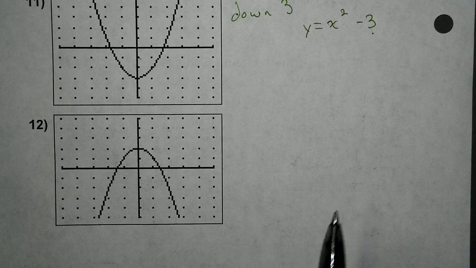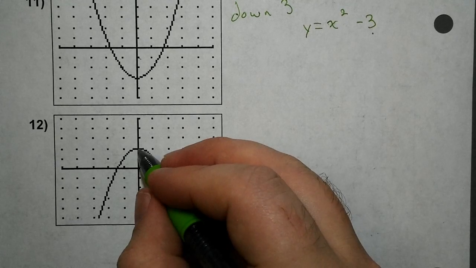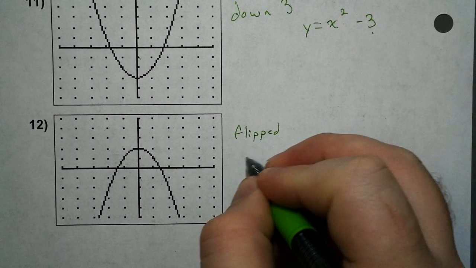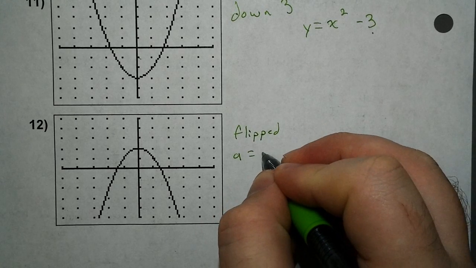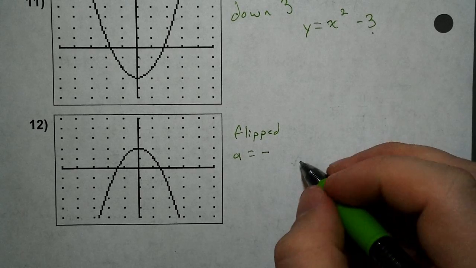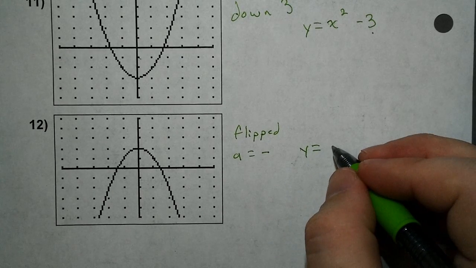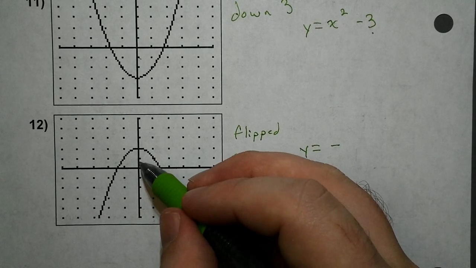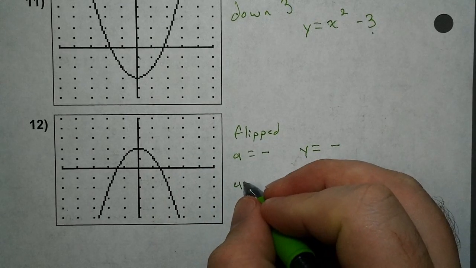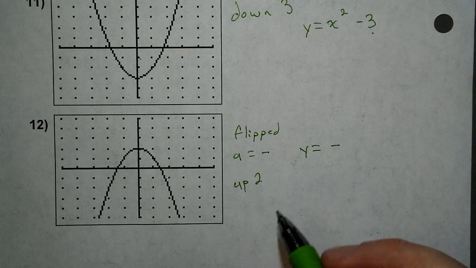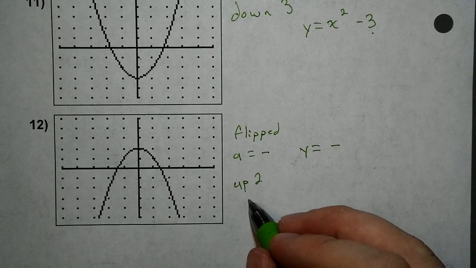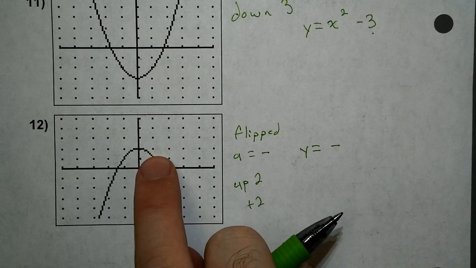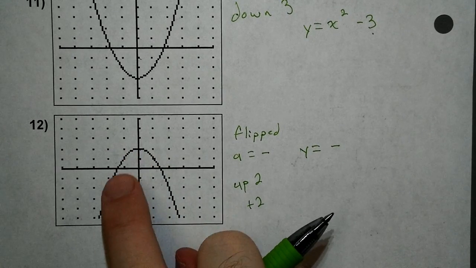And number 12. This one, first thing I notice is it is flipped. Remember, anytime it's flipped, that means your a value is negative. So I know so far it's y equals negative something. Now, it goes up 2 spaces. So that's going to be a plus 2, because with y, it doesn't lie. And 1, 1, 1, 1, 2, 4, 2, 4.